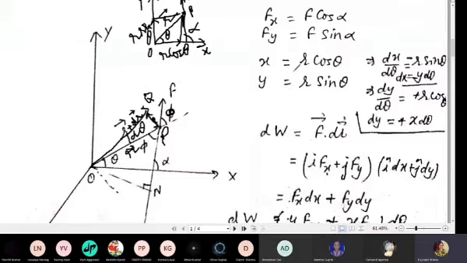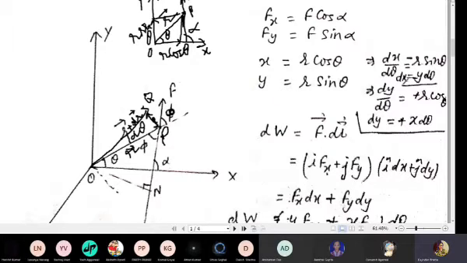Here by using these relations, you can find the value of dx and dy, which I want to put in this expression. So when I take the derivative of x with respect to theta, dx by d theta equals r, constant, will be taken out, and for cos theta it is minus sin theta. So you can write dx equals minus y d theta, because r sin theta is nothing but y.